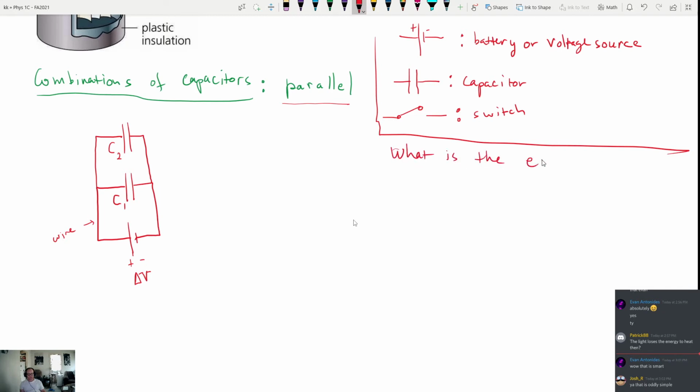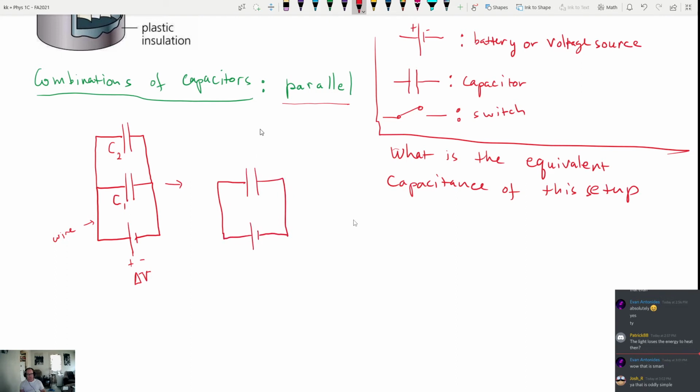Okay. The question that we want to answer right here is, what is the equivalent capacitance of this setup? That is to say, suppose that I want to simplify this circuit down to a circuit where instead of having two capacitors, I have the exact same capacitance, but just one capacitor.